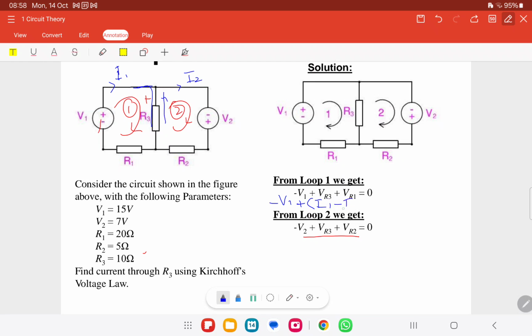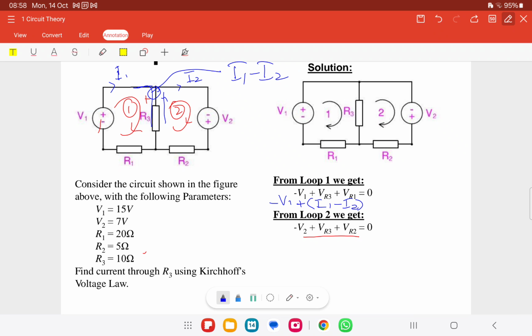I1 minus I2. Direction dia tak sama. Kan? Satu turun, loop 1 dia turun. Loop 2 dia naik. And loop 1 respect to I1. Loop 2 respect to I2. So I yang dekat sini ni sebenarnya I1 minus I2. Betul tak? I yang tengah tu.